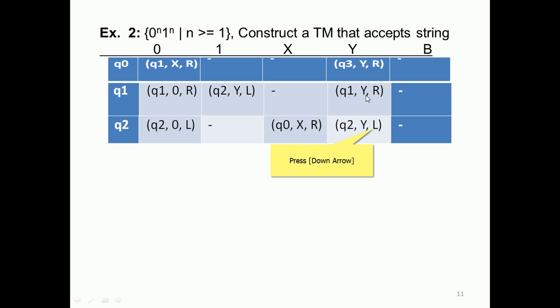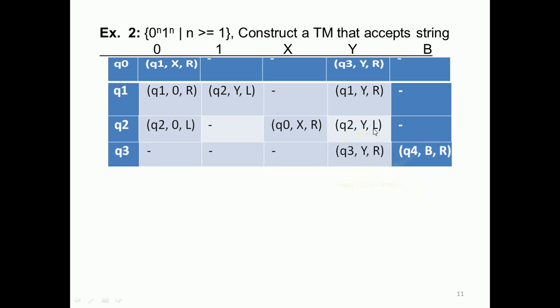When y appears, it stays in q2, delta of q2 comma y is q2 comma y comma L. So y will be as it is, moving towards the left side of the tape, and the state will remain the same.